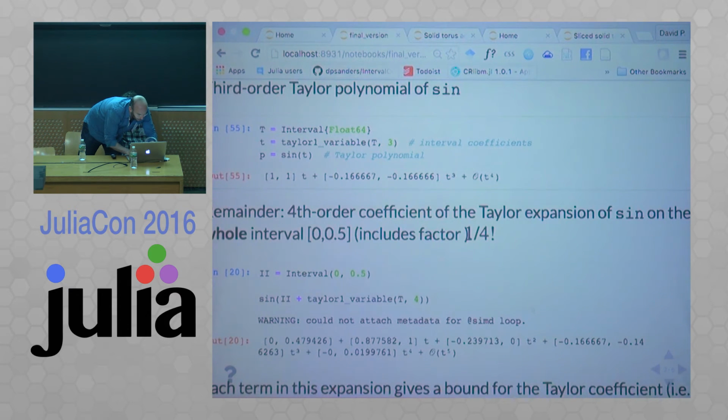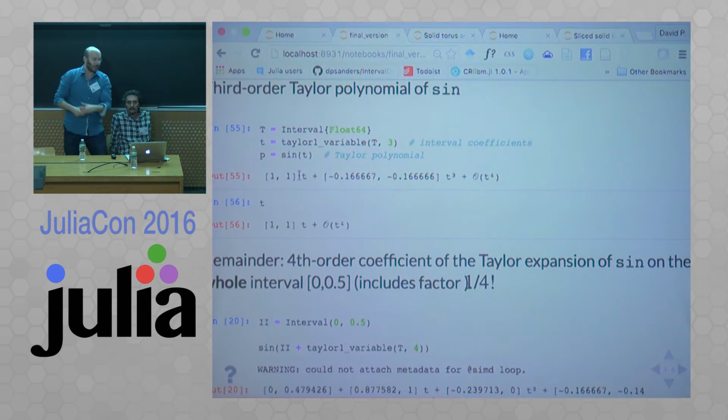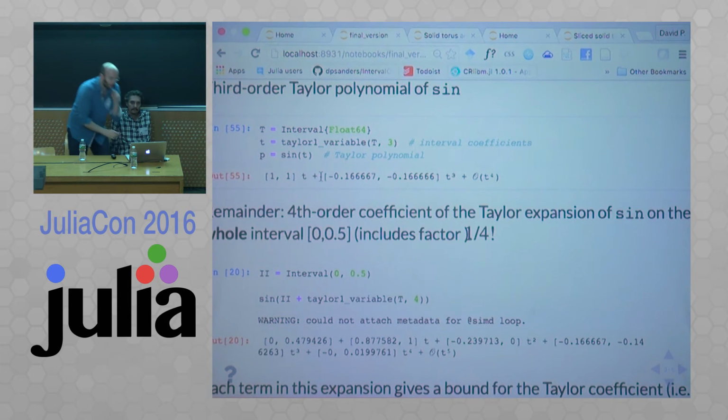So that variable looks like this. It's a third order Taylor polynomial, and this O of t to the 4 just means that there's something else that I don't know about over there, and we can see that we've actually got intervals as the coefficients of the Taylor series. And then we need a bound of this fourth order thing.